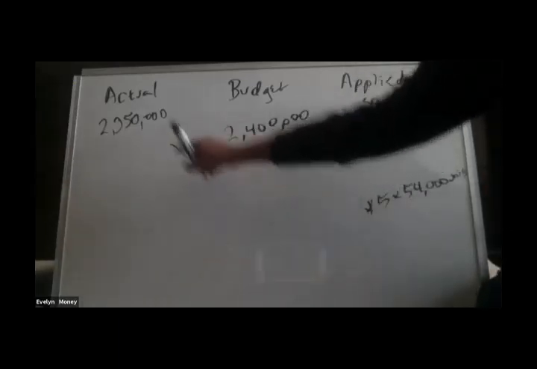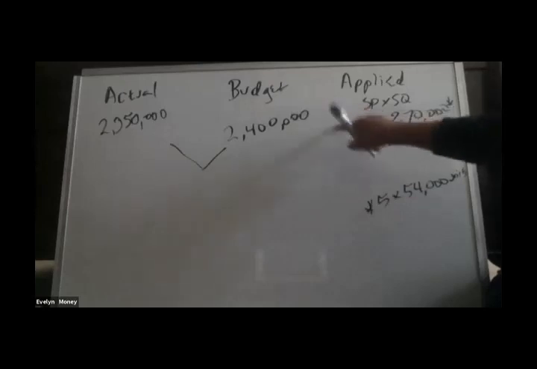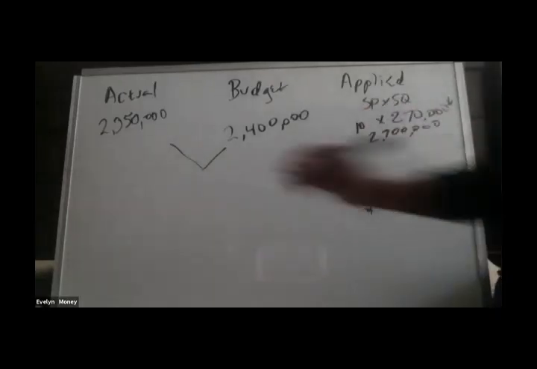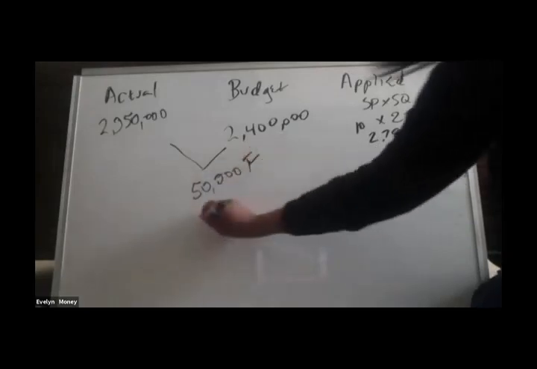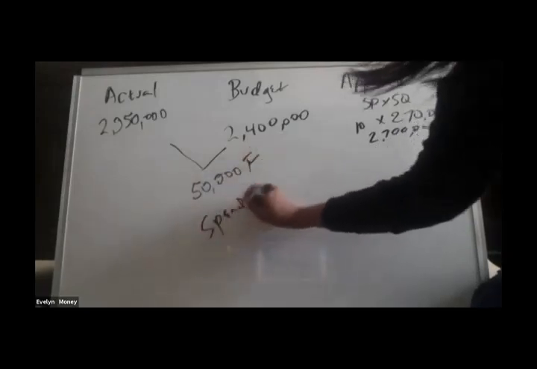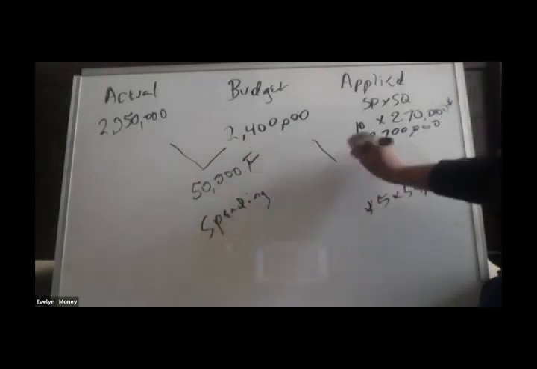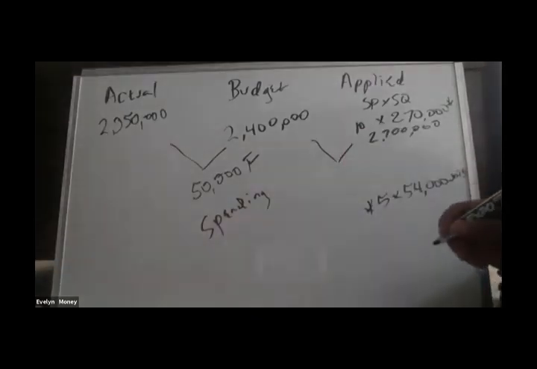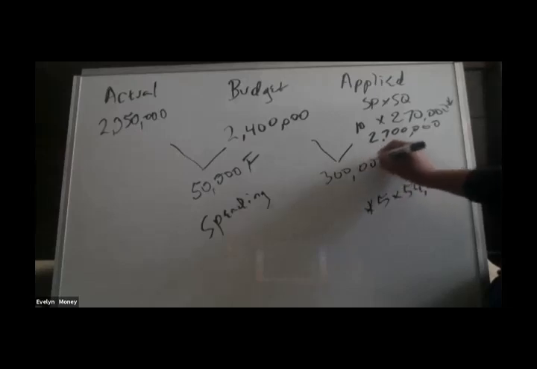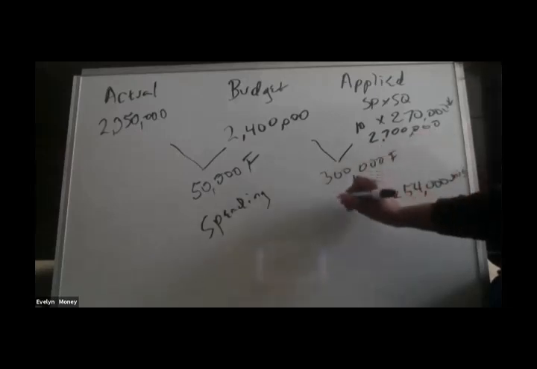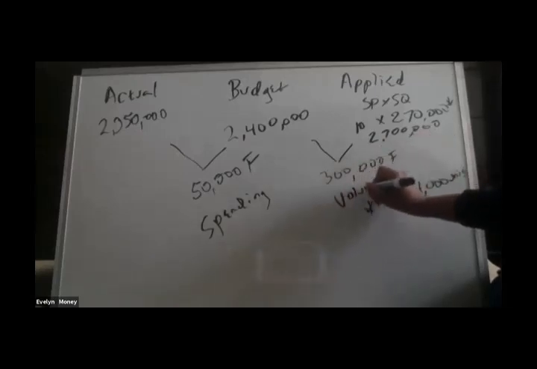We're still subtracting this minus this, and then this minus this. Here I have a $50,000 favorable variance, that's called spending. And here I have a $300,000 favorable volume variance.